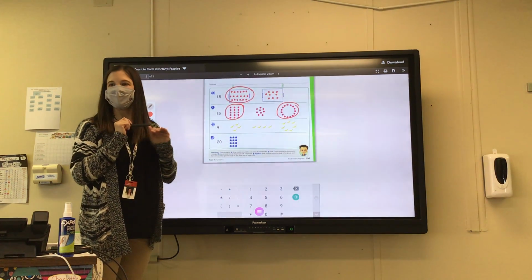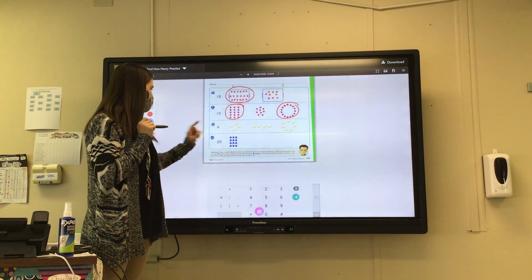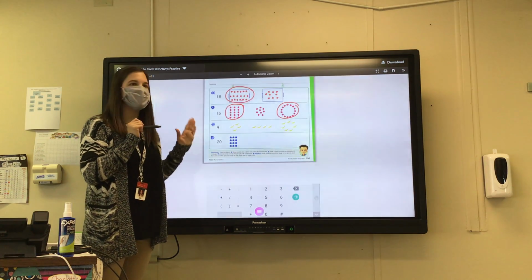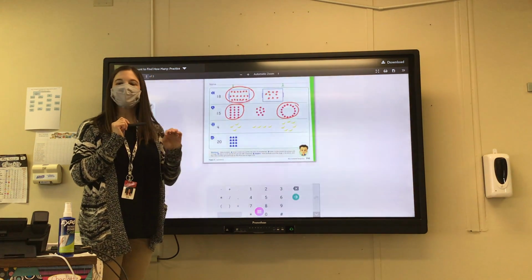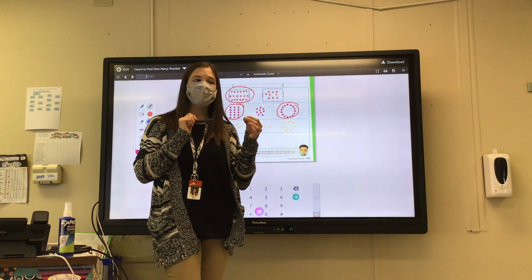If you have something to add, please raise your hand, and I will be happy to call on you. Okay, number 5. Draw a circle around the groups with 4 bananas. Once again, it said groups, so it means you're going to put a circle around more than one.